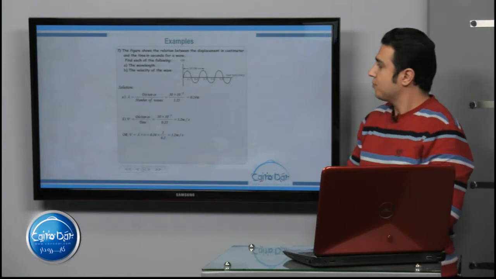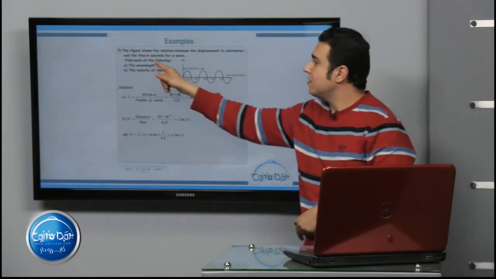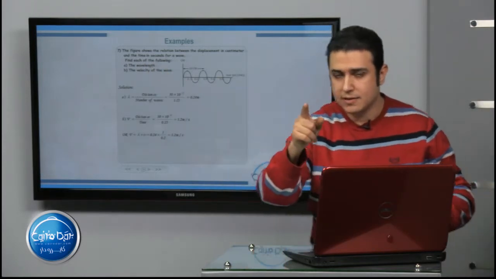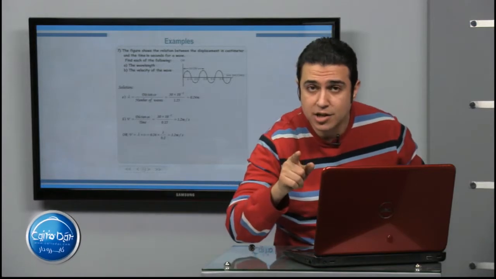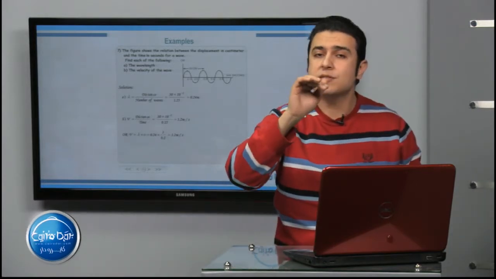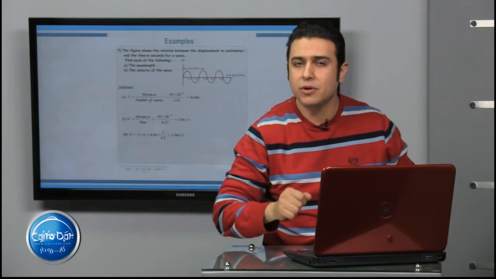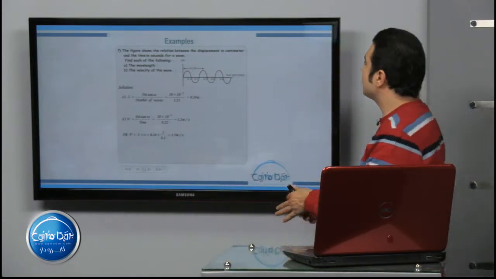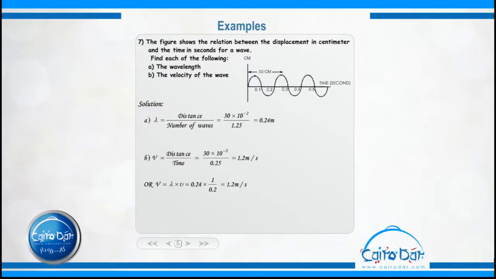So first of all, I want to calculate the wavelength. Wavelength can be calculated from distance divided by number of waves. Here we have just this distance, 30 centimeters. We have to convert it from centimeters to meters, so we multiply by 10 power negative 2.